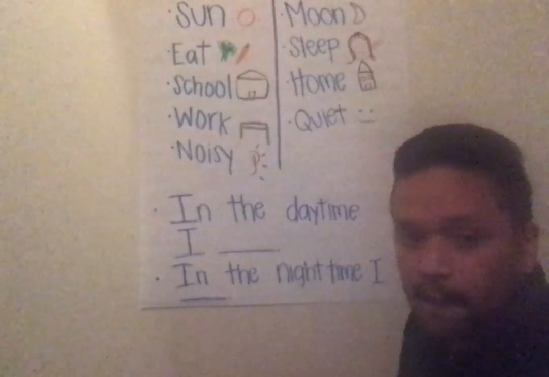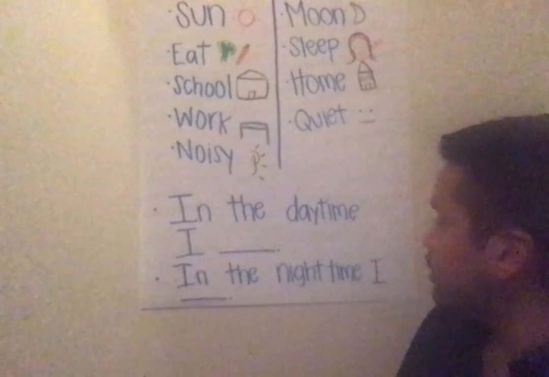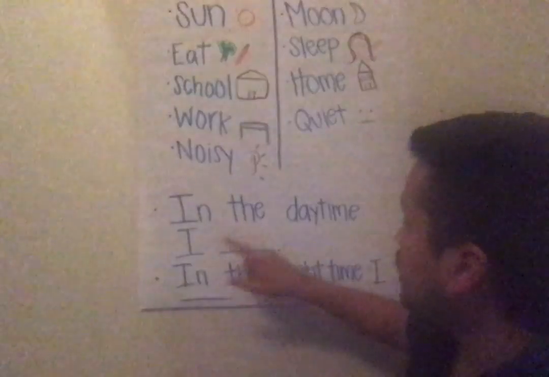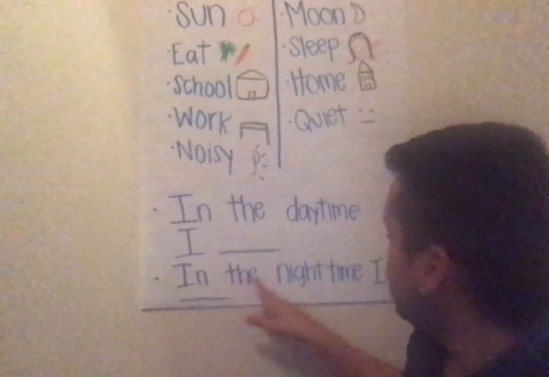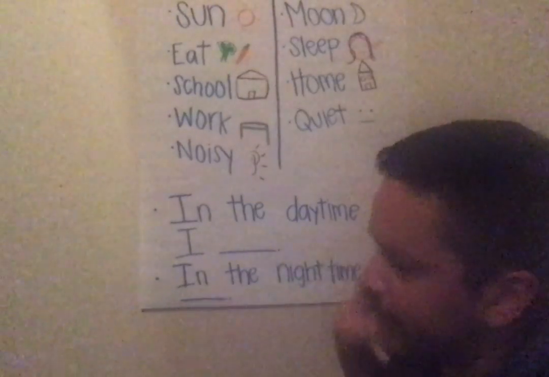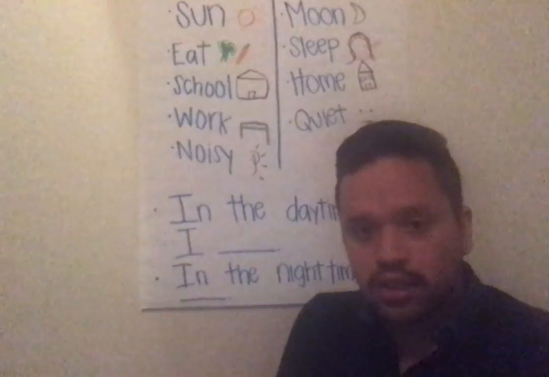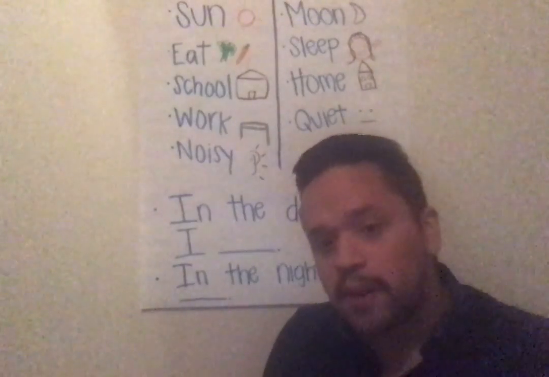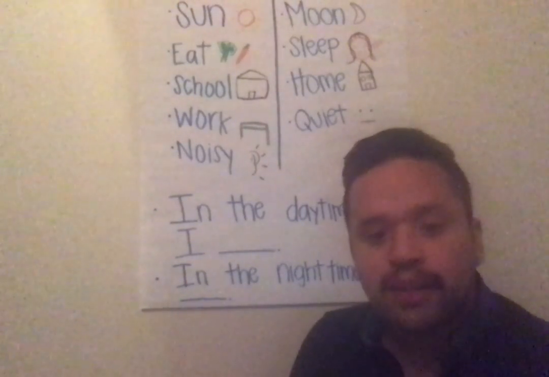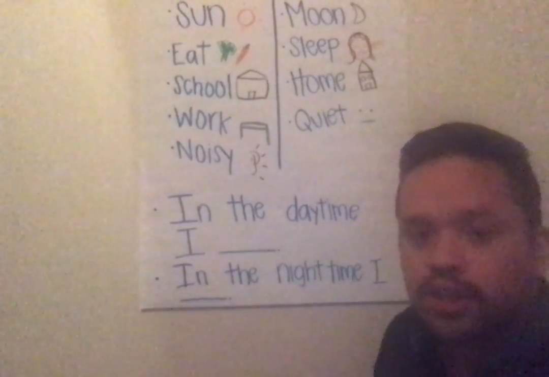So I want you to fill out both of those sentences. In the daytime, I blank. And in the nighttime, I blank. So I want to see you fill those two out. And I want to see what y'all do in the daytime. Like always, I'll give you your points on Class Dojo.